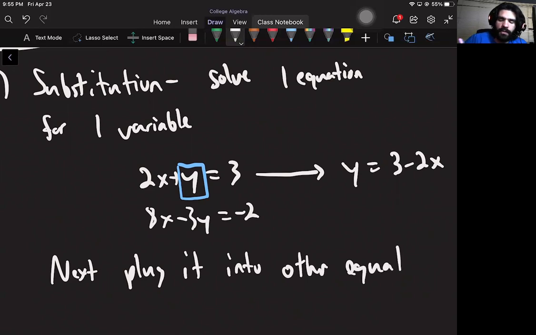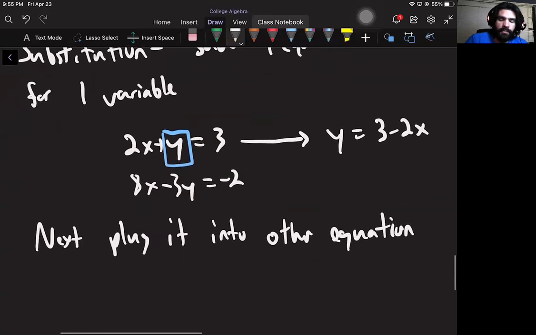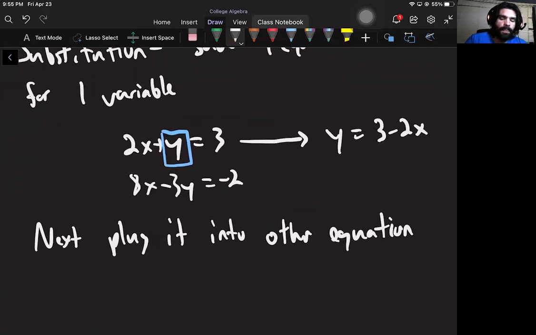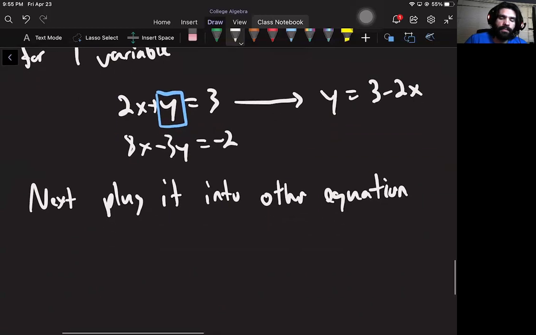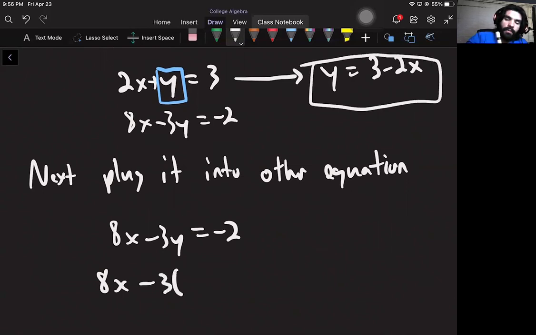What this is doing is ensuring that your x and y are related by both equations at the same time. That's why we're going to be able to solve for a point that works for both equations at the same time. So now we are going to take 8x minus 3y equals -2, and we are going to substitute, aka plug in, this for y that we know is y in the other equation.